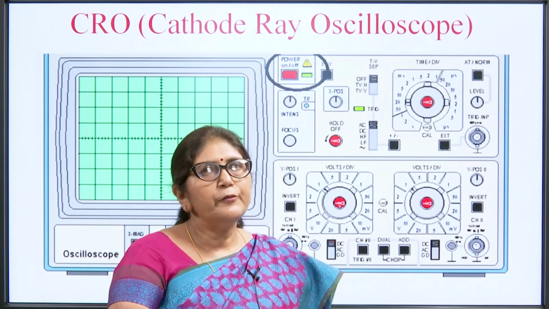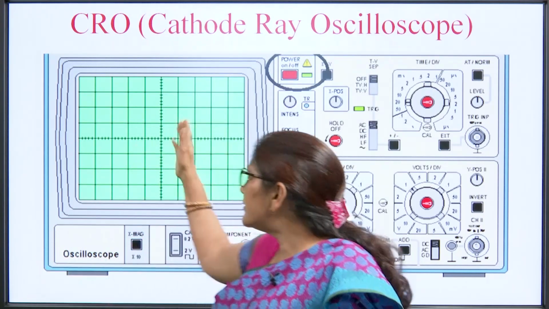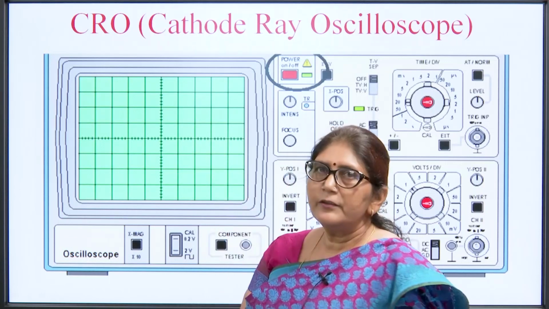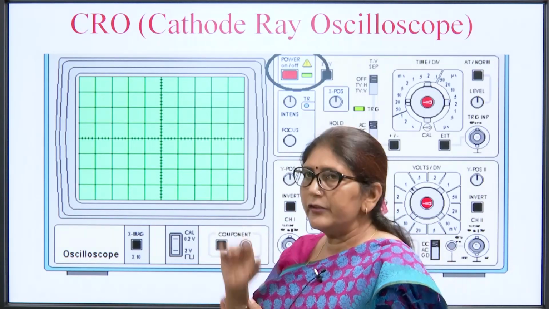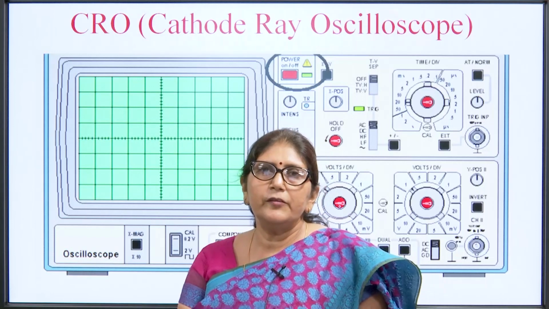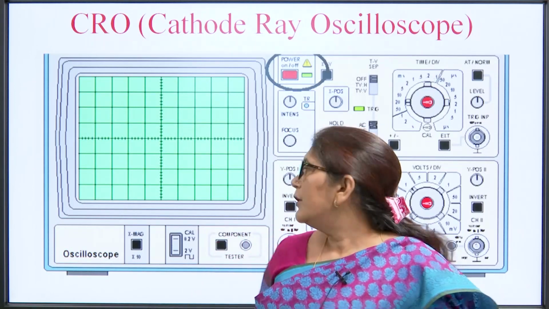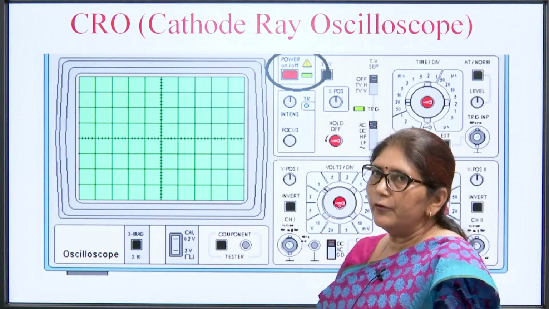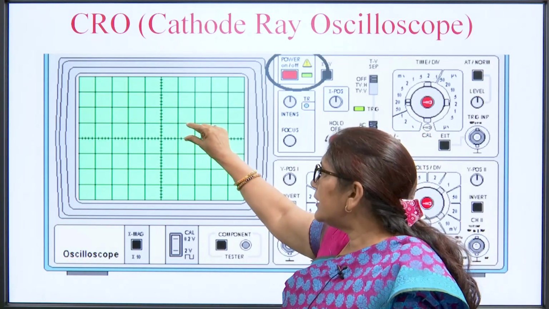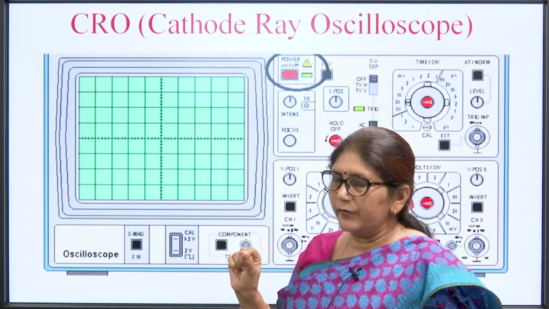Suppose at this position, you see this knob is at 2 volt per division. Generally, if you see the screen of the CRO, it has 8 vertical divisions and each vertical division has 5 subdivisions. So, if this knob is at 2 volt, one division has a value of 2 volts.